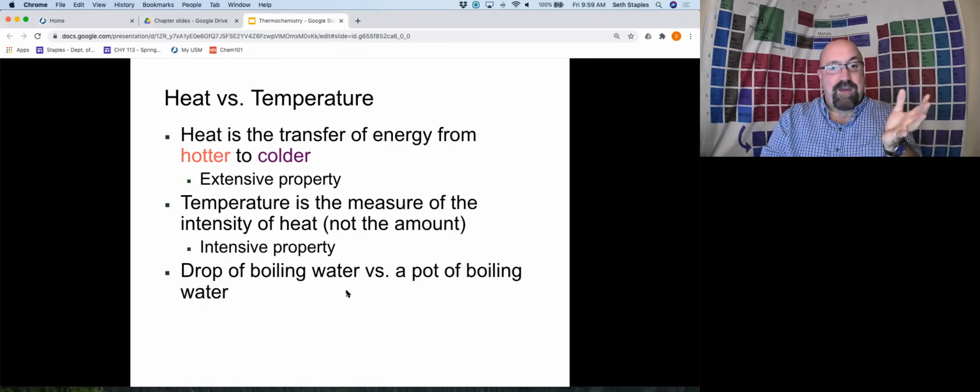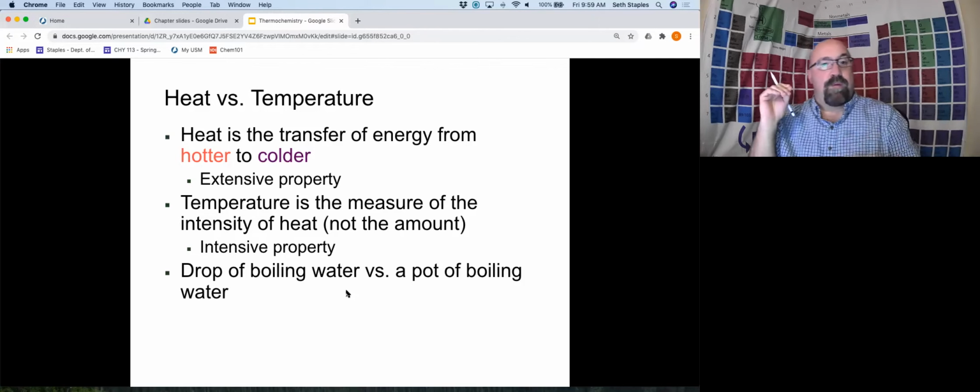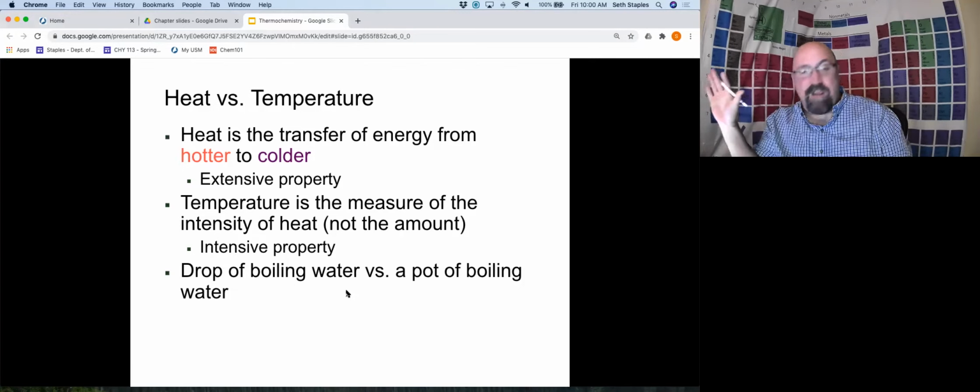And so for an example, if we have a drop of boiling water versus a pot of boiling water, remember that boiling point, one of our changes of phase, is intensive. It doesn't matter how much of the substance we have. Water is going to boil at 100 degrees Celsius no matter how much we have.